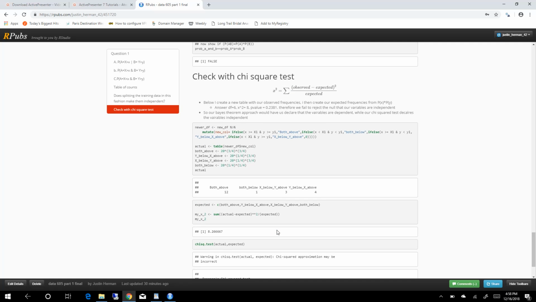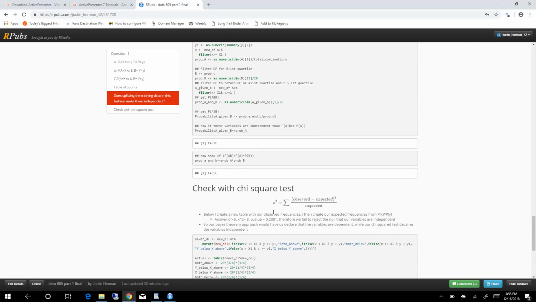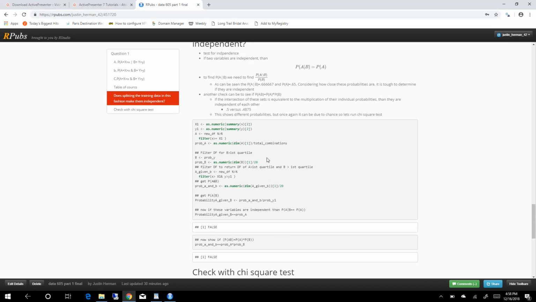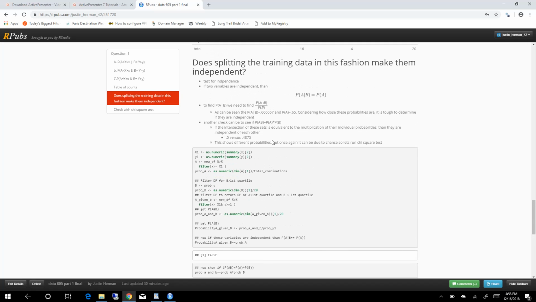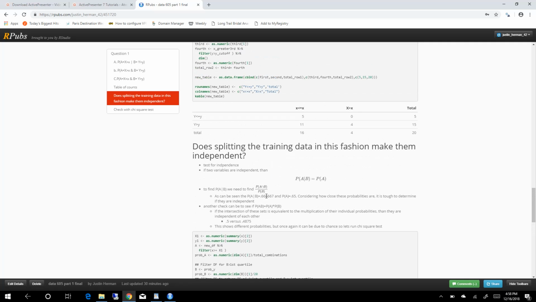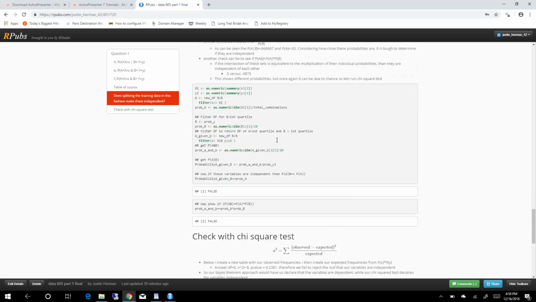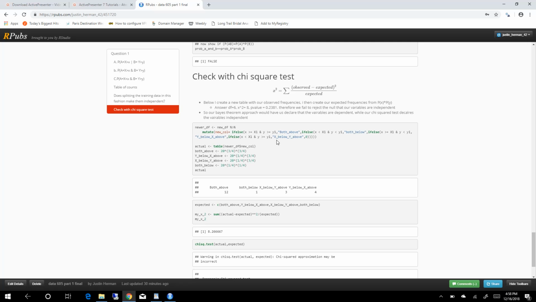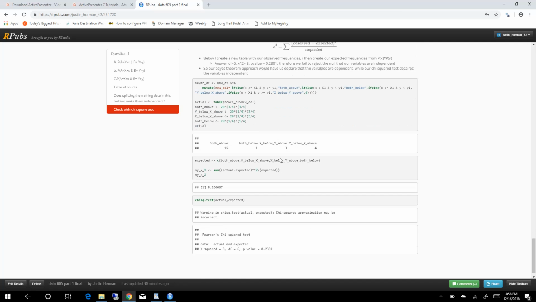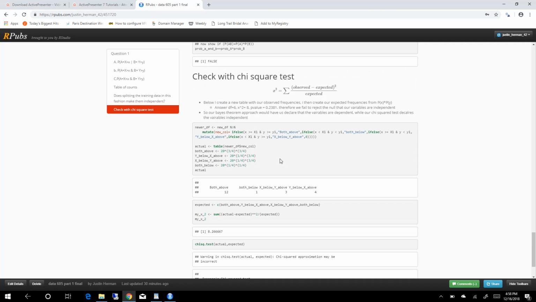Therefore, the variables according to the chi-square test are independent, which is actually contrary to what our math would have told us. But if we look back, 0.667 and 0.65 are relatively close to each other, and there aren't many samples in this data frame. So through chance, it probably makes more sense that the chi-square test is correct and that our assumption above was wrong, and that these variables are actually, in fact, independent.